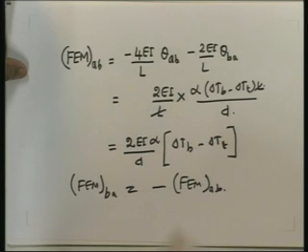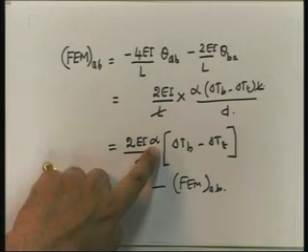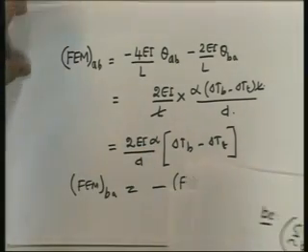This is the fixed end moment, where this is the temperature differential at the bottom, temperature differential at the top fiber, and this is the depth of the beam, this is the coefficient of thermal expansion, this is EI. Okay, that's all there is to it.